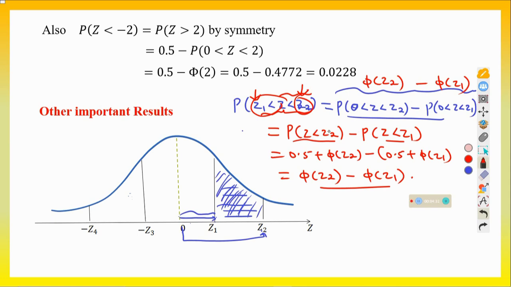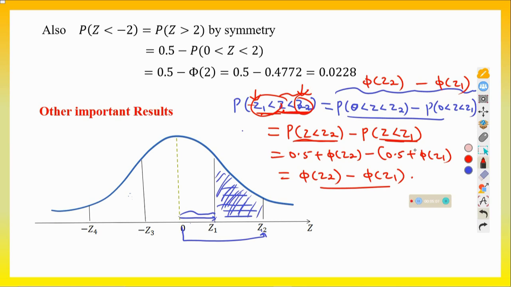Using this manipulation, we can do all other values, whether this is a minus or a positive. You can easily get the expression for all the values if you treat it in this way: P of z less than z2 minus P of z less than z1. So get the value in this position, z less than z2, then subtract the value of z less than z1.